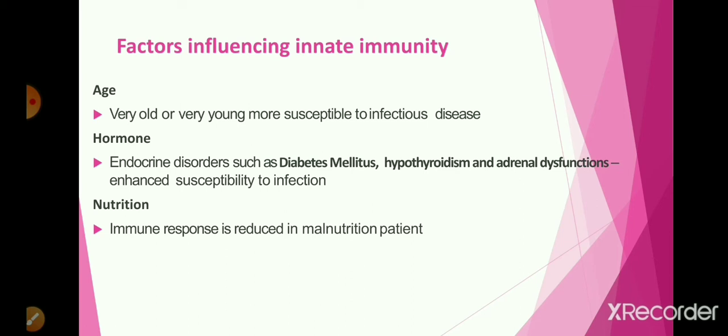Endocrine disorders such as diabetes mellitus, hypothyroidism, and adrenal dysfunction enhance susceptibility to infection. Individuals with certain hormonal disorders become increasingly susceptible to infection. For example, individuals suffering from diabetes mellitus, hypothyroidism and adrenal dysfunction are increasingly susceptible to staphylococcus infection, candidiasis, aspergillosis, zygomycosis, and many other microbial infections.